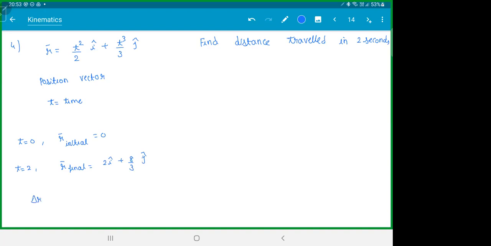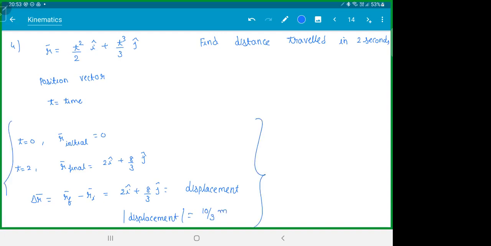Now, if you're doing delta r bar, that is r final minus r initial, which turns out to be 2i plus 8/3 j cap. Understand, this is displacement. This is not distance. And if you take the magnitude of this, what you get is the magnitude of displacement, which comes out to be 10/3 meters.